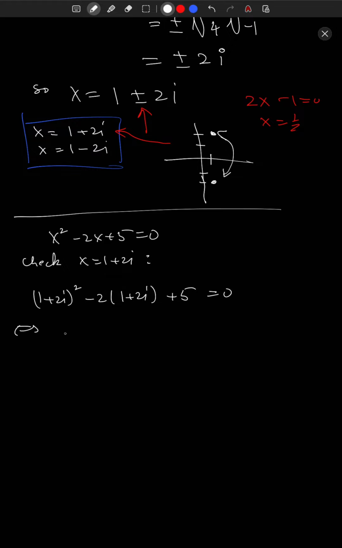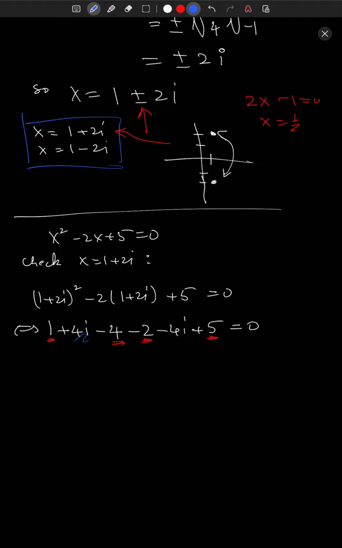So this would be 1 plus 4i minus 4, minus 2 minus 4i, plus 5 equals 0. We've got minus 4 minus 2, that's minus 6, and then plus 1 plus 5, so that's plus 6. That would be 0.